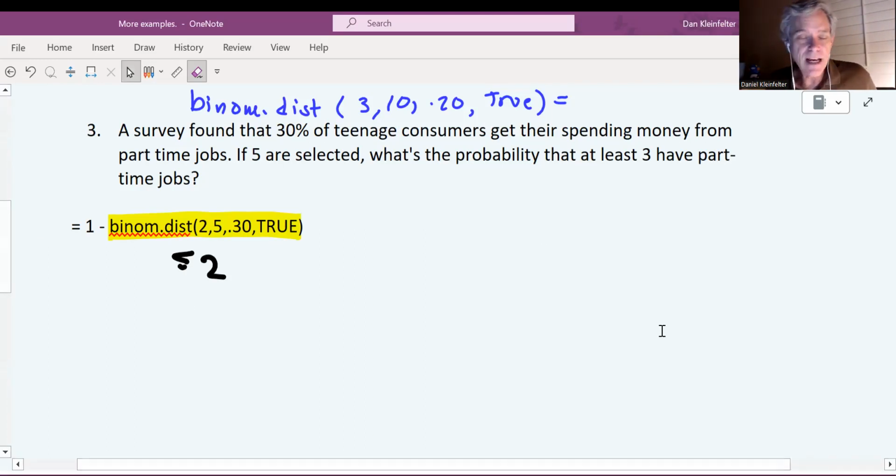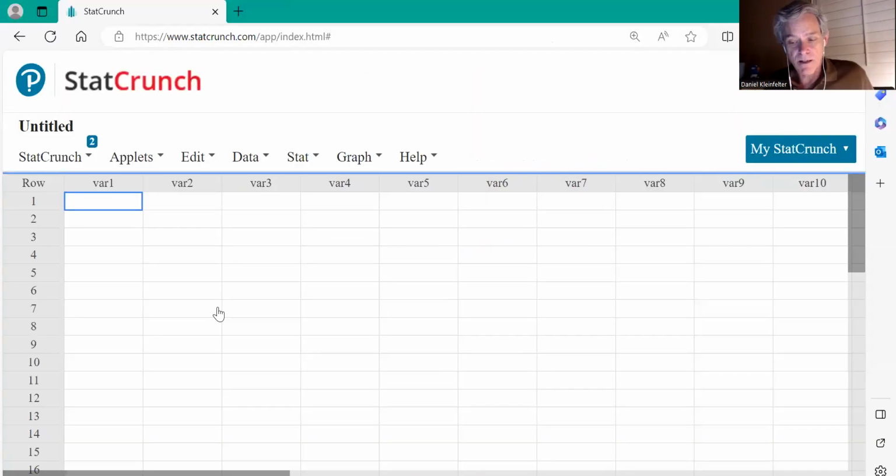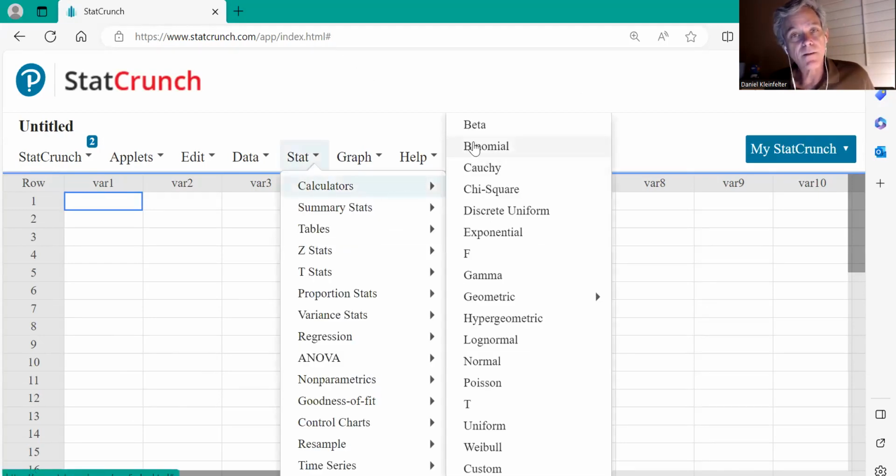All right, so now let's see how we can do the same problem using StatCrunch. To use StatCrunch for this, we'll go to where it says Stat, and then Calculators, and then Binomial.